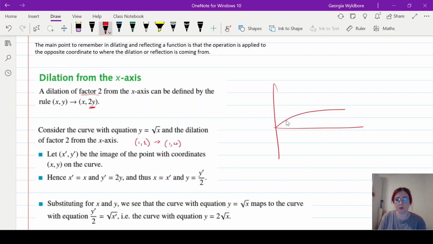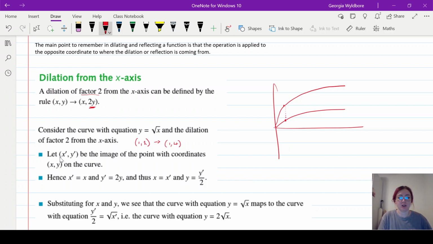So if we had x equals 1 here, y equals 2, our curve, when it's dilated, is going to be up here. So you're mapping it up like that in your x-axis. So you're dilating from the x-axis, and we're looking at the point where the x stays the same and the y is changing.